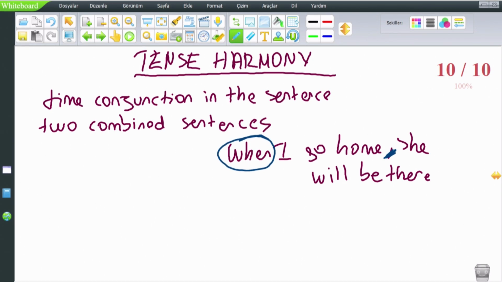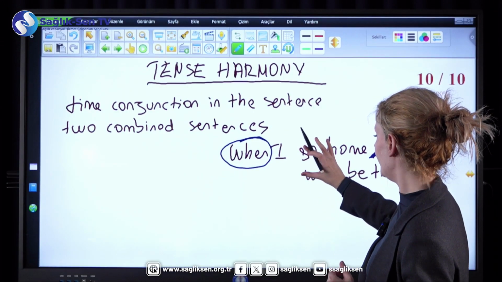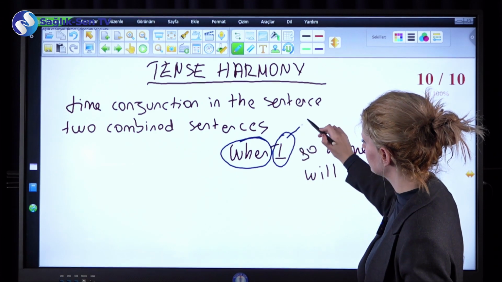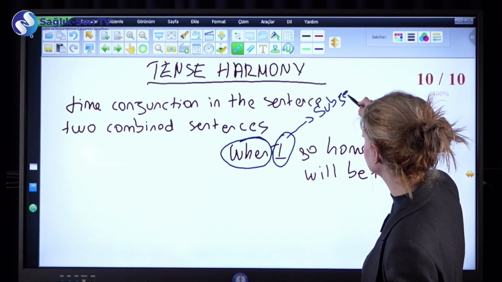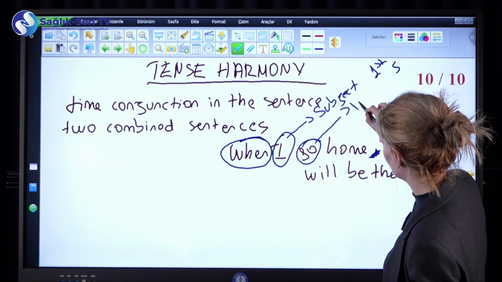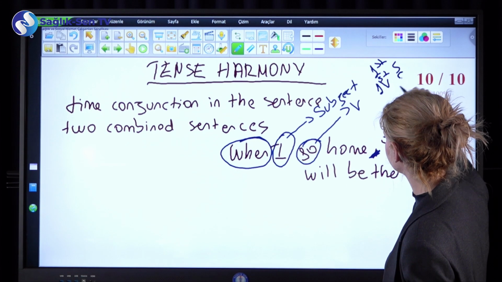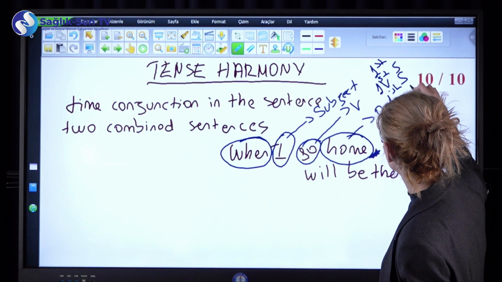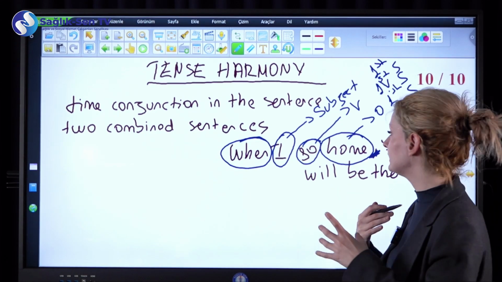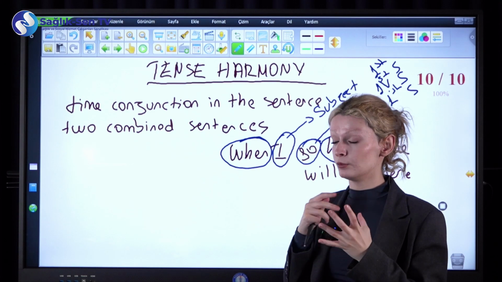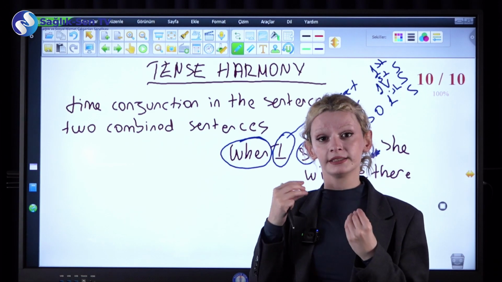I'm going to look: there's a comma, first of all. This is the subject of the first sentence. This is the verb of the first sentence. Object of the first sentence. We don't necessarily need an object. A subject and a verb is more than enough for us to have a sentence.